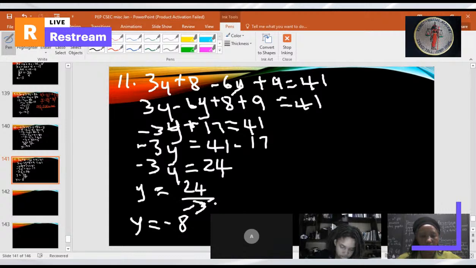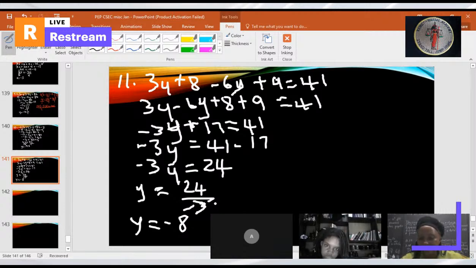No, Imani, I'm saying plug them in on the left and see if it's equal to 41. Plug in the negative 8 on the left wherever you see y, expand it, combine them and see if you get the 41. So 3 times negative 8, that's negative 24, plus 8.